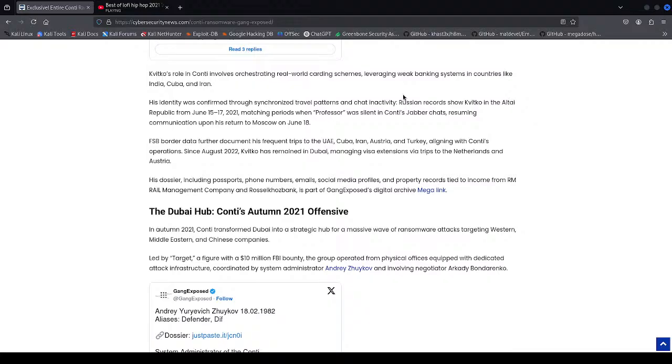Carding, if I'm not mistaken, is where you take people's credit card information, like skimming them, and then selling the information. And I'm assuming India, Cuba, and Iran don't have very good security measures preventing stuff like this.